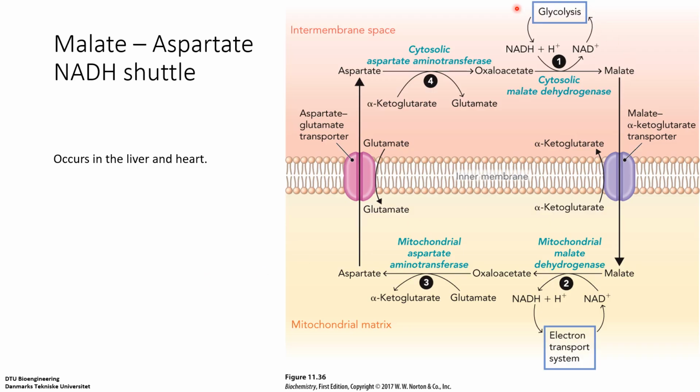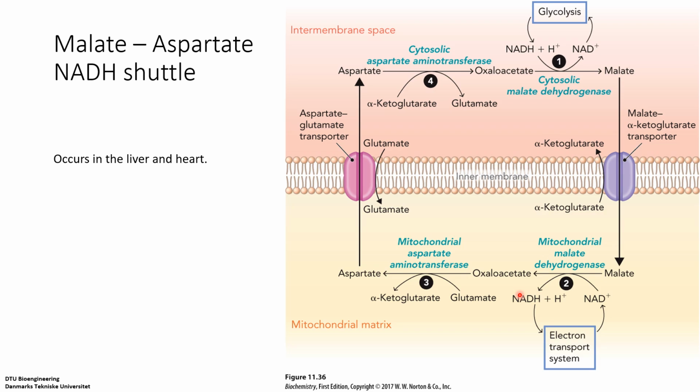we just do the cycle from NADH to NAD, transport malate across, and then take malate back to oxaloacetate and into aspartate, but then we use the NAD plus in the mitochondrial matrix to create NADH. Well, then we don't lose anything because we just get NADH out of it again.